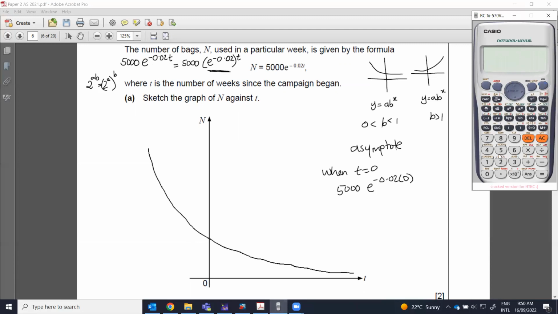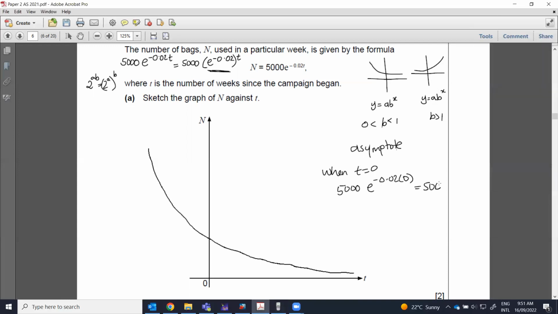So we say 5,000 e to the power of negative 0.02 times 0. And you can see the answer is 5,000. So this is equal to 5,000. So this value over here is positive 5,000.